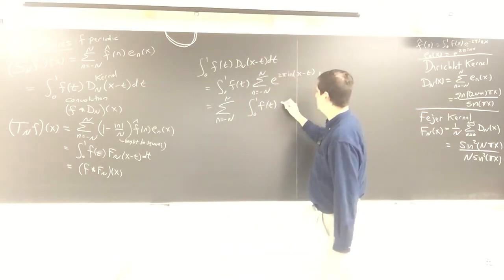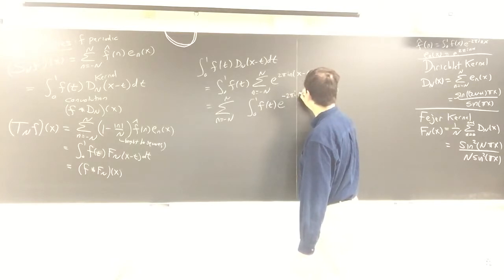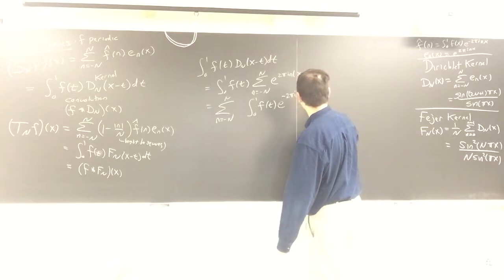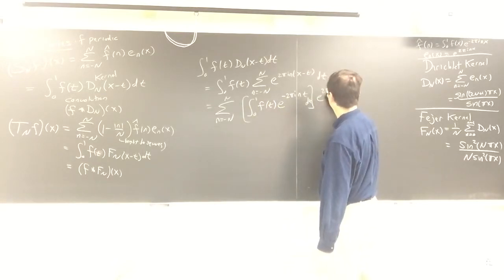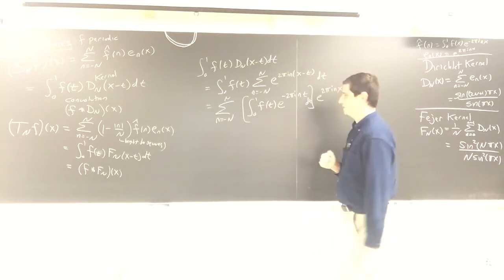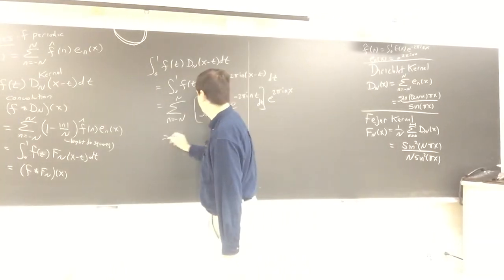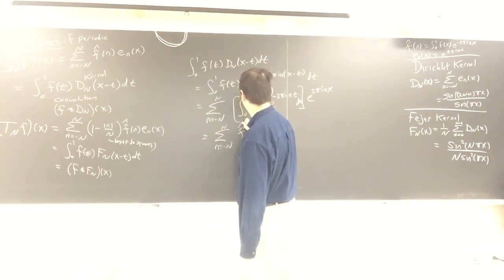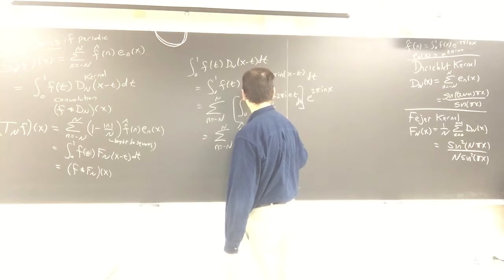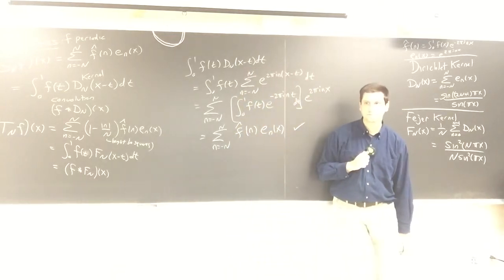Now I'm going to write this exponential as e to the negative 2 pi i n t dt. And I have an e to the 2 pi i n x. Well, this is just my definition of the Fourier coefficient. So it's the sum, n goes from minus N to N, f hat of n, e_n of x. And that's what we wanted to show.